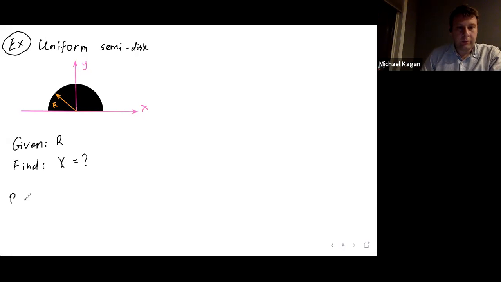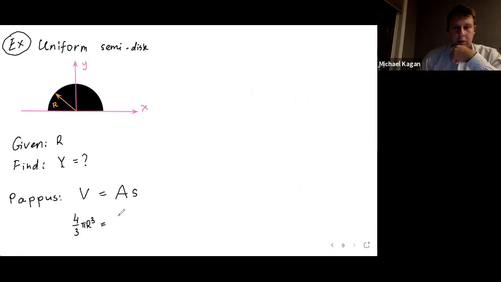So what does the theorem say? So the volume of the sphere should equal the area of the semi-disk times S. So this is 4/3 pi r cubed. The area is 1/2 pi r squared.